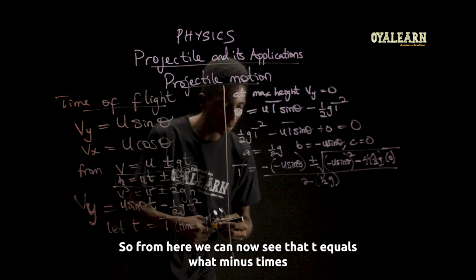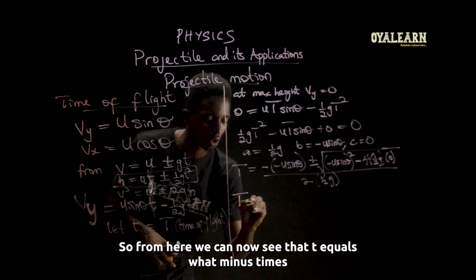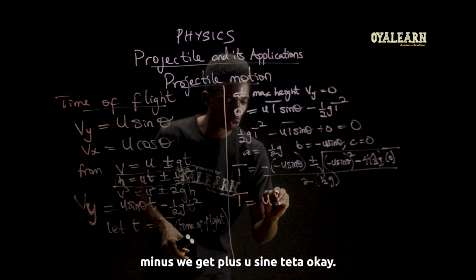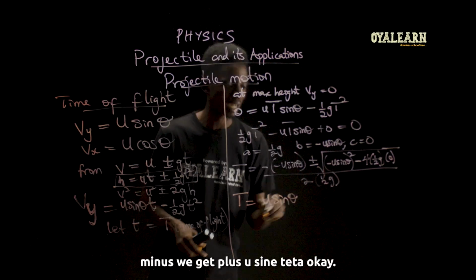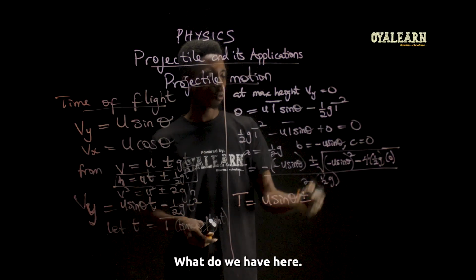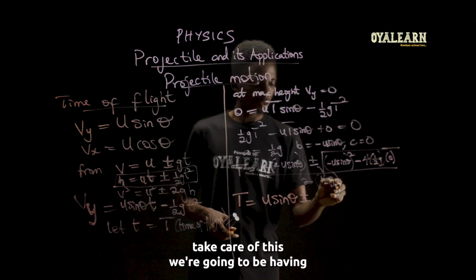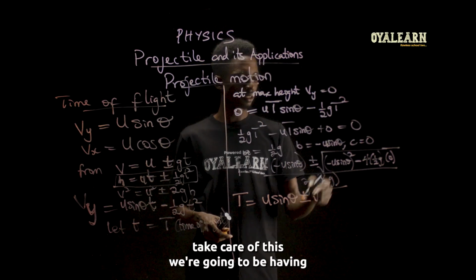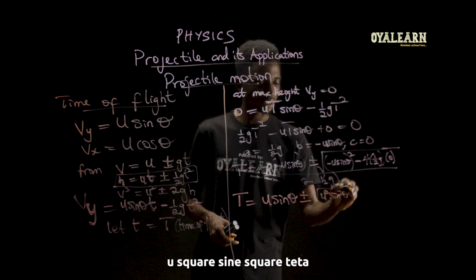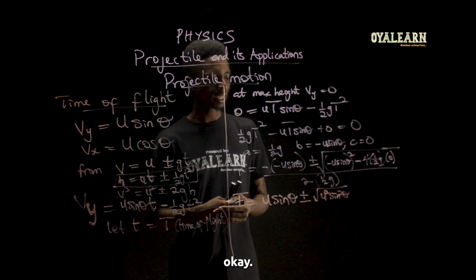Okay? So from here, we can now see that T equals what? Minus times minus, we get plus u sine theta. Okay? Now, plus or minus, what do we have here? To take care of this, you're going to be having u squared sine squared theta. Okay?